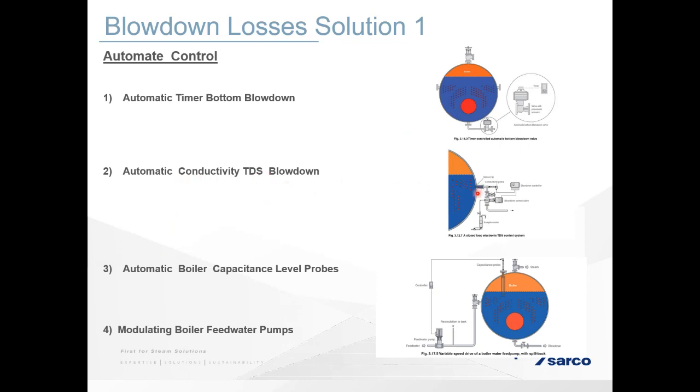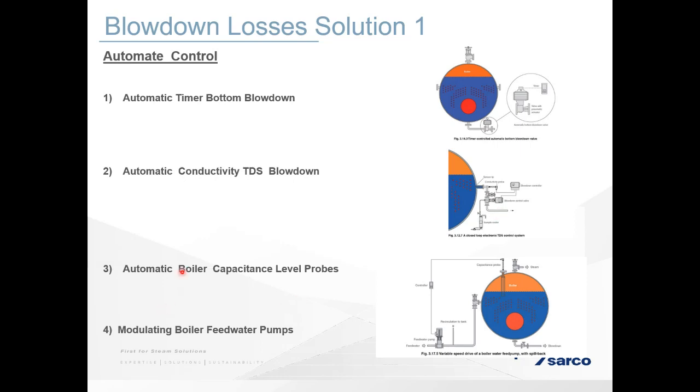Rather than having a cycle where you blow it down once a day or twice a day, if you are monitoring the TDS via conductivity, this will blow down automatically when it reaches the limit. So in theory, if your blowdown is too much, having the conductivity will limit the amount of blowdown you're doing, and therefore make savings.